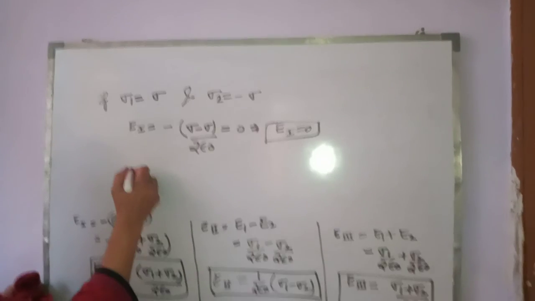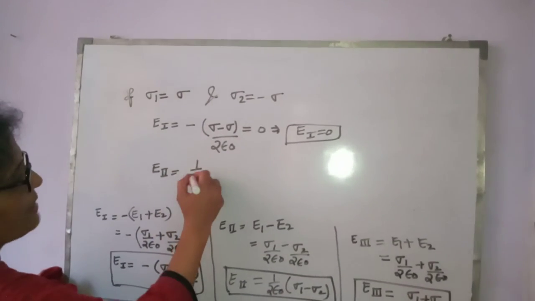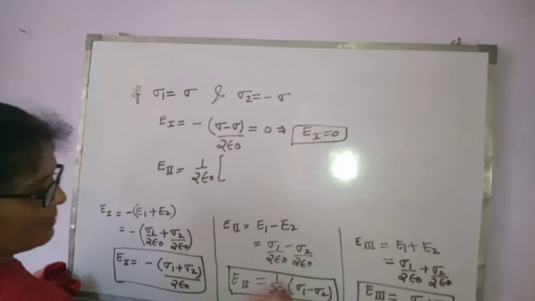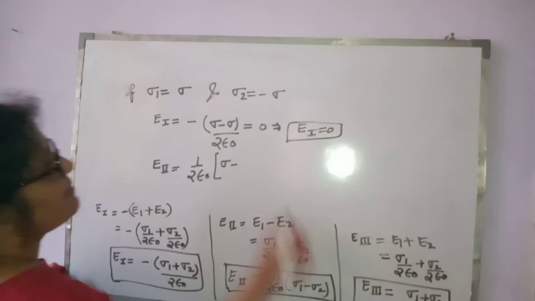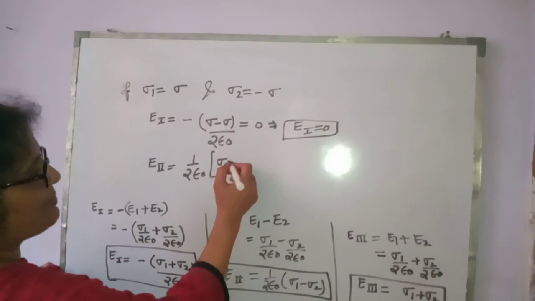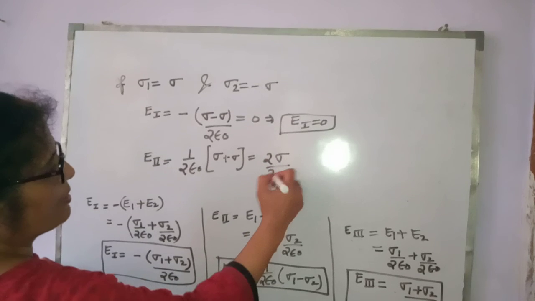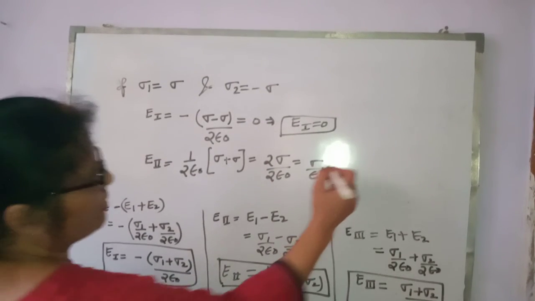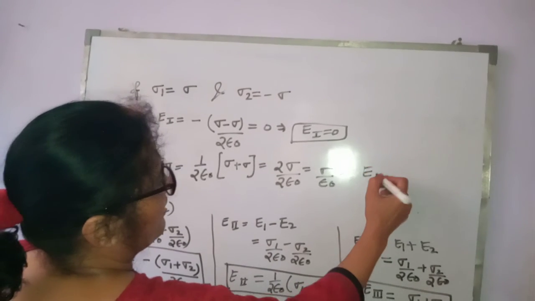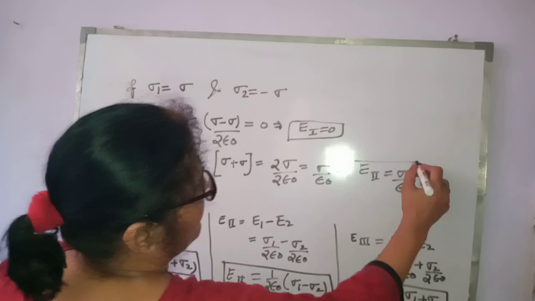And what happens in the second region? E second is equal to 1 upon twice epsilon naught. Here sigma 1 is equal to sigma, minus sigma 2 becomes plus sigma. That becomes twice sigma upon twice epsilon naught, which is sigma upon epsilon naught. So E second is equal to sigma upon epsilon naught.